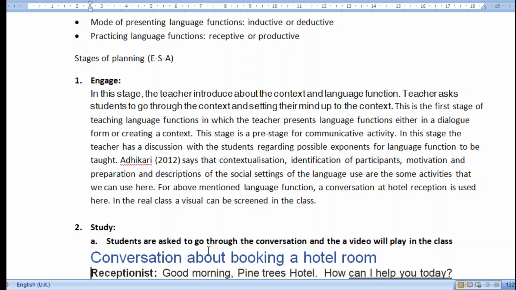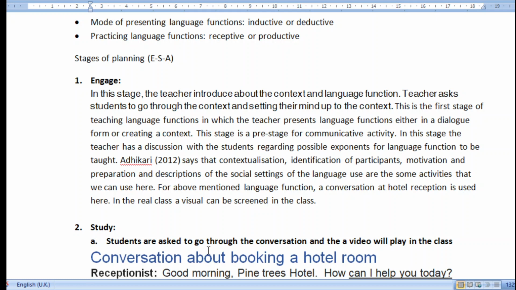The teacher is not directly taking the students to the context or questions or the purpose of the classroom, but before that, the teacher creates the environment. This is the first stage of teaching language function, in which the teacher presents language functions either in a dialogue form or by creating a context. This stage is the pre-stage or communicative activity stage.